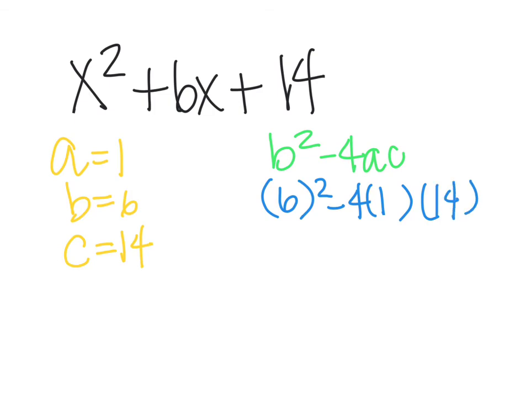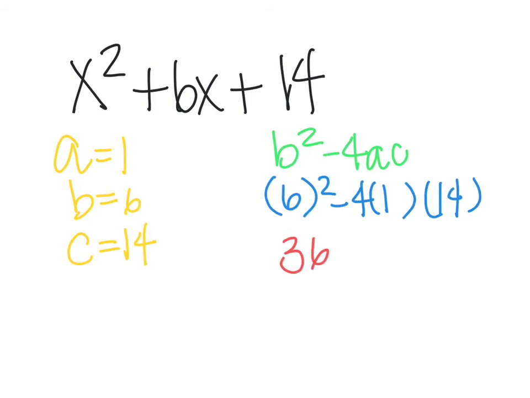Now I'm going to do my math. 6 squared is 36. Then negative 4 times 1, which is negative 4, times 14 is going to be negative 56. So now I have 36 minus 56.